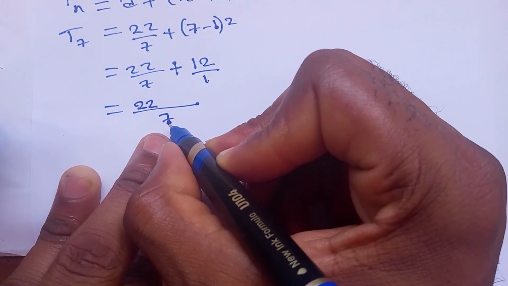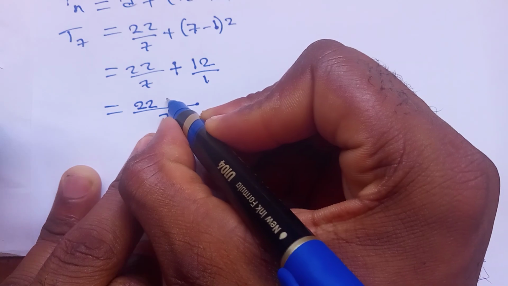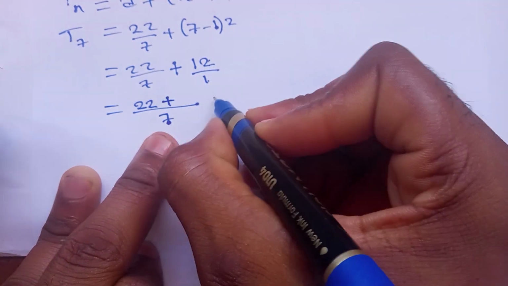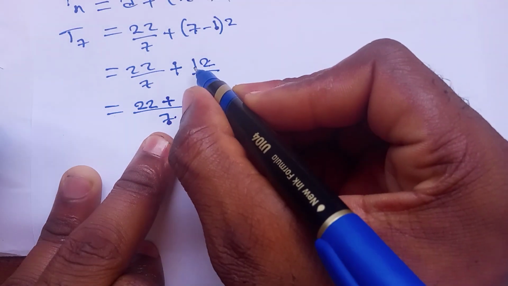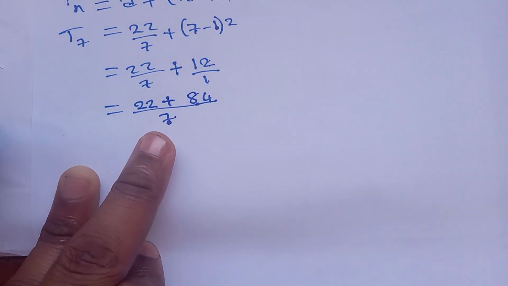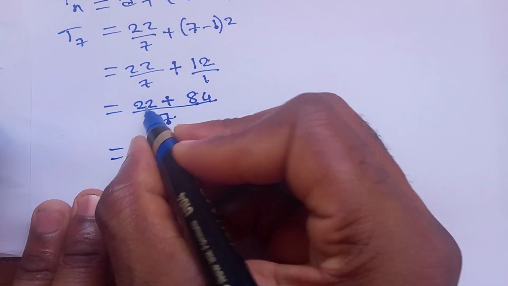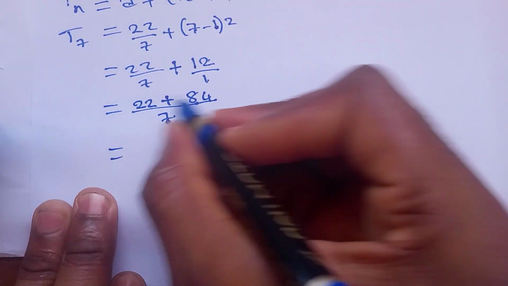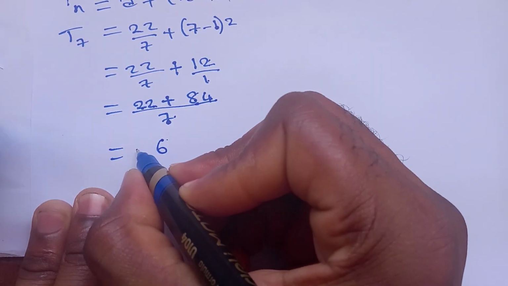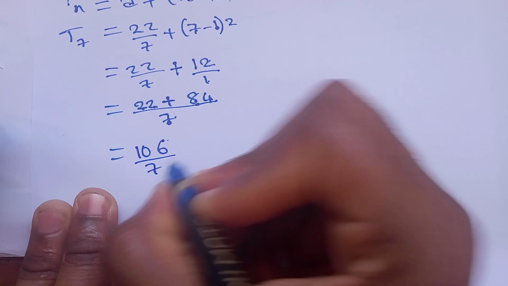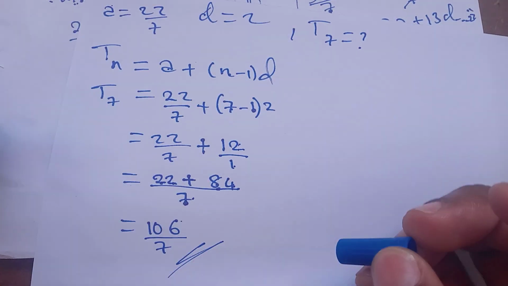Then 7 into 12 is 84, if I'm not mistaken. And then when you add these two numbers, you have 22 plus 84, this will be 106 over 7 as your 7th term.